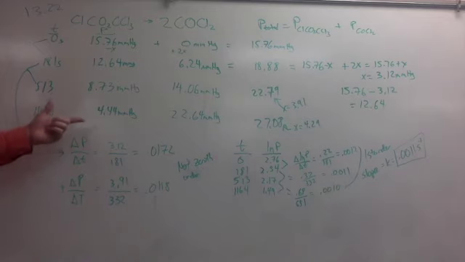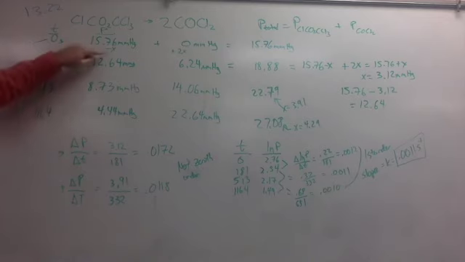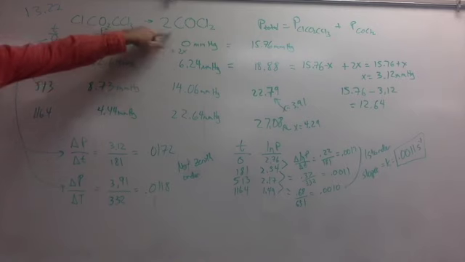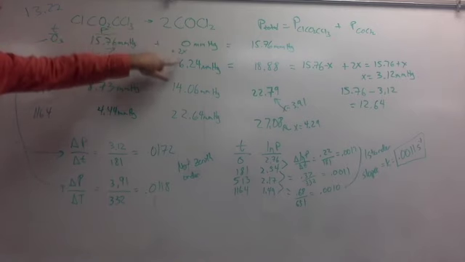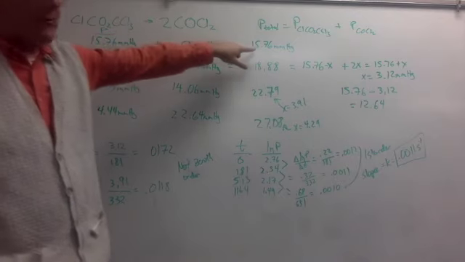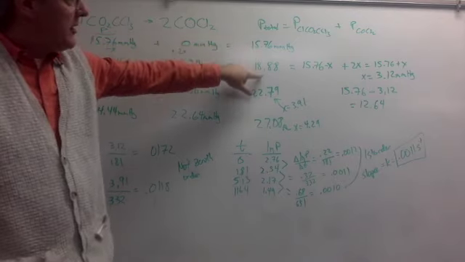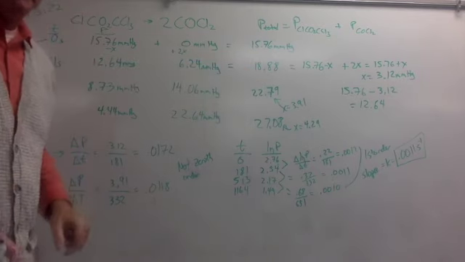However, after the first 181 seconds, we will say that we have lost X amount of the reactant while gaining, look at your stoichiometry, 2X amount of the product. So as a result, our pressure goes up from 15.76 to 18.88.